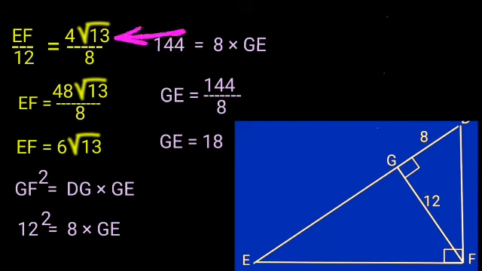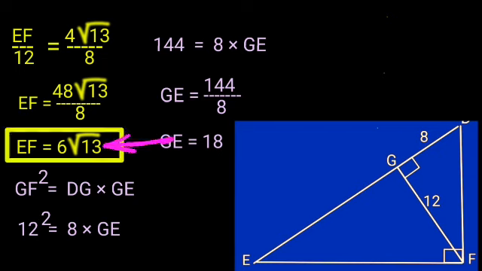Substitute the values, EF upon 12 is equal to 4 into under root 13 upon 8. We have to find the value of EF. Hence, EF is equal to 48 under root 13 upon 8 by cross multiplication, that is EF is equal to 6 under root 13.